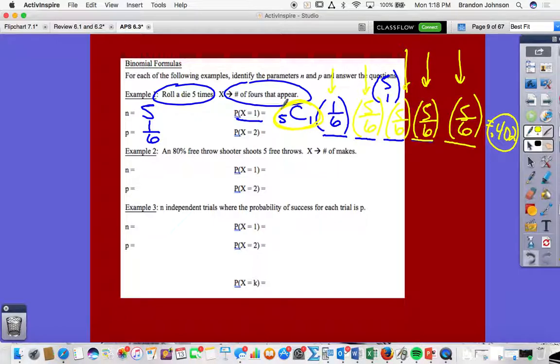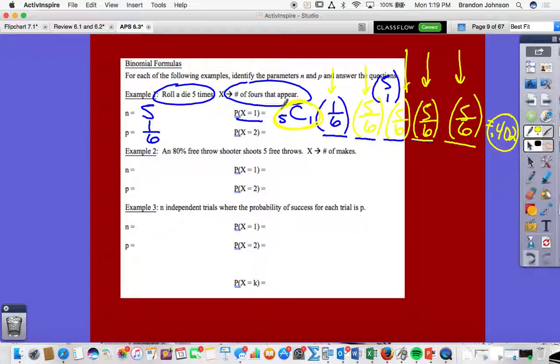That's why we've got to multiply by 5C1. The 5C1 tells me that order doesn't matter, right? Because it doesn't matter if I roll a 4 first, second, third, fourth, or fifth. All we need is to say, oh, these are the different combinations. And as I look at these combinations, these are the possibilities where we have 1 four, and the rest of these are not 4s. Does that make sense?